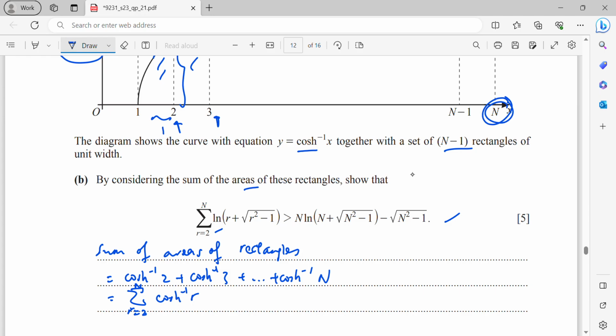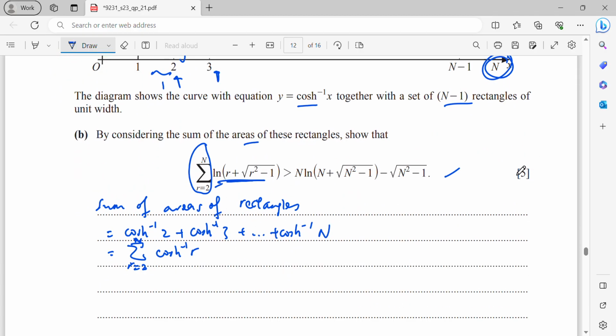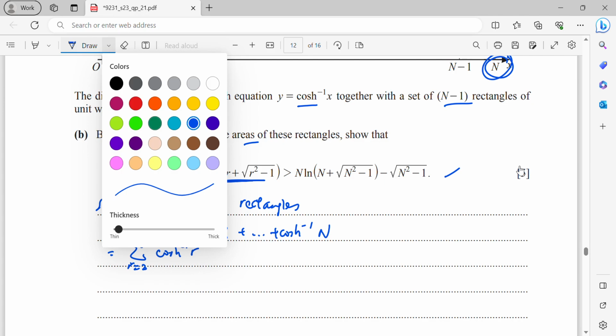Alright, so in order to get this, I need to get ln. Okay, I don't want the inverse cosh. So now you need to refer to the formula.